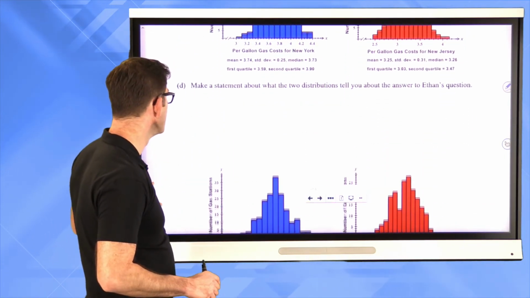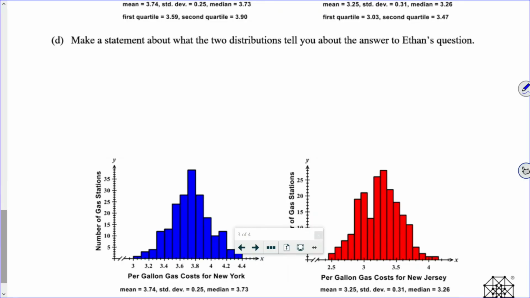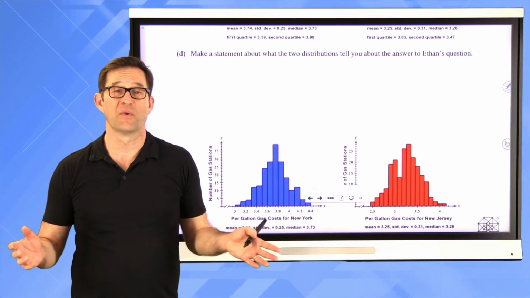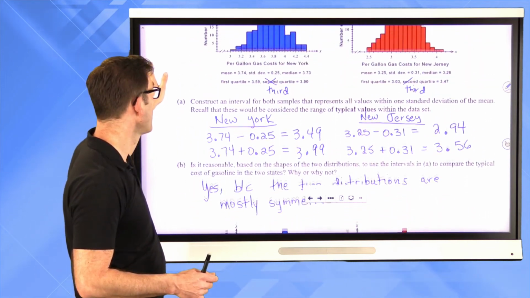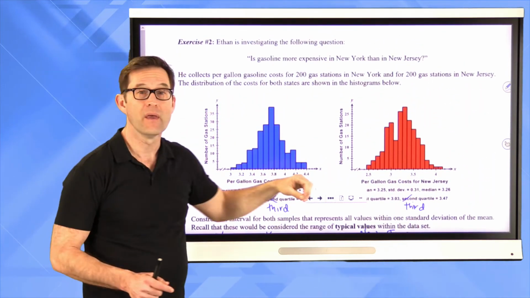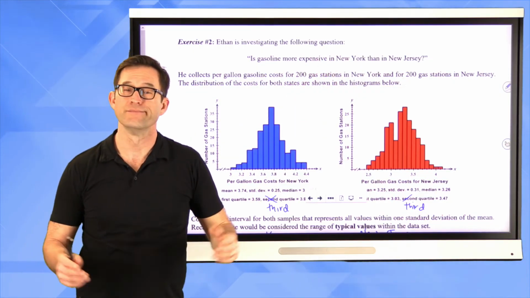All right, so finally, let's go down to letter D. Make a statement about what the two distributions tell you about the answer to Ethan's question. Now remember, we have to remember what Ethan's question was, and for that we have to go all the way back up. Is gasoline more expensive in New York than in New Jersey?